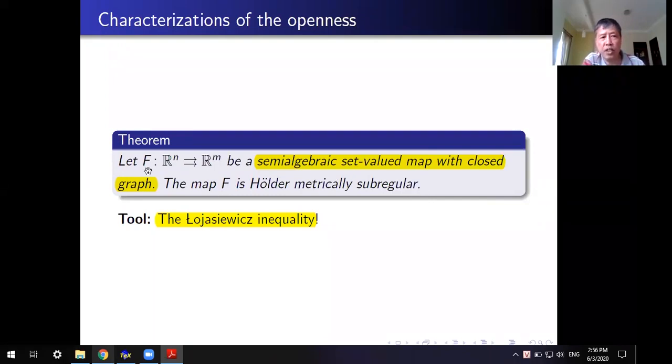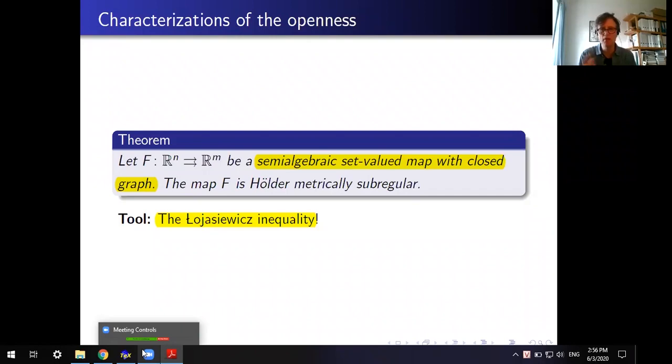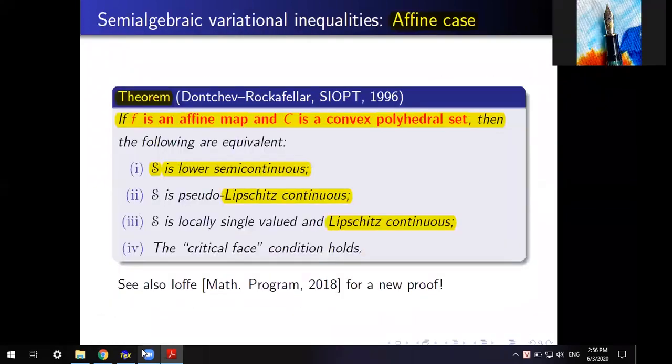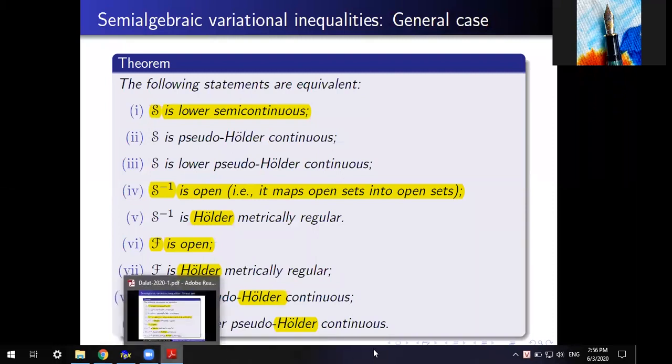We change a capital F here by the solution. Isn't the question about the condition on F when F is Hölder metrically subregular, and what can we say about the continuity property of the solution map, with S and F different maps? Yes, I think the question was when F is Hölder metrically subregular, what can we say about S?